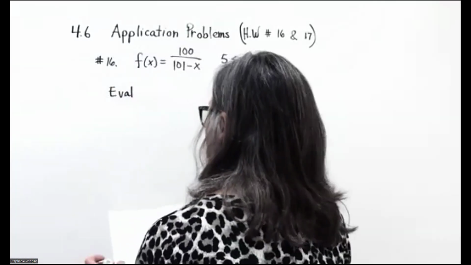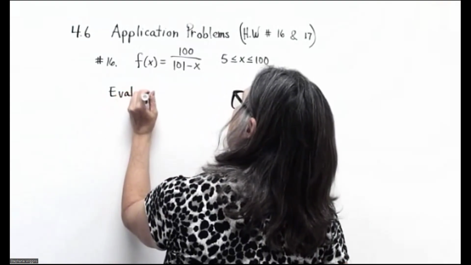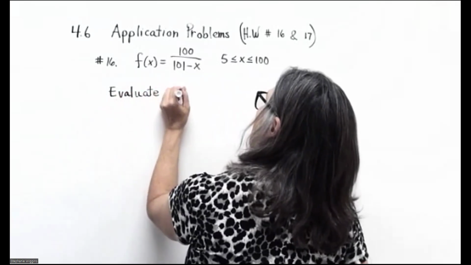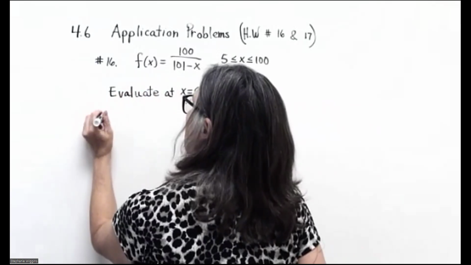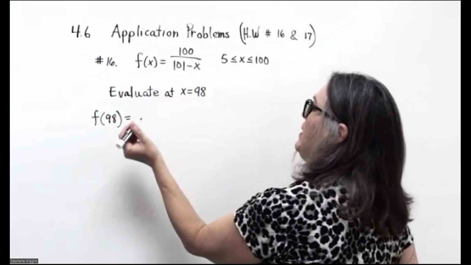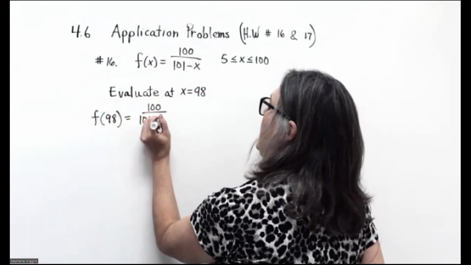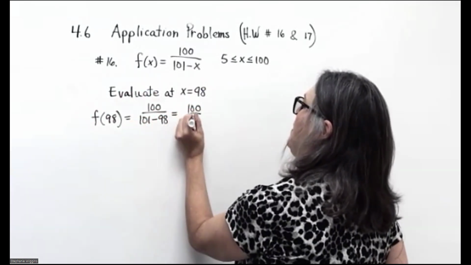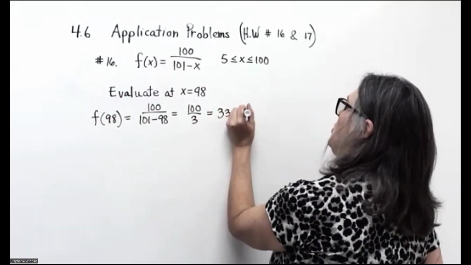We are going to evaluate our function at x equals 98. f of 98, I'm going to plug 98 in for x. That'll give me 100 divided by 101 minus 98, which is 100 divided by 3, which is 33.3%.